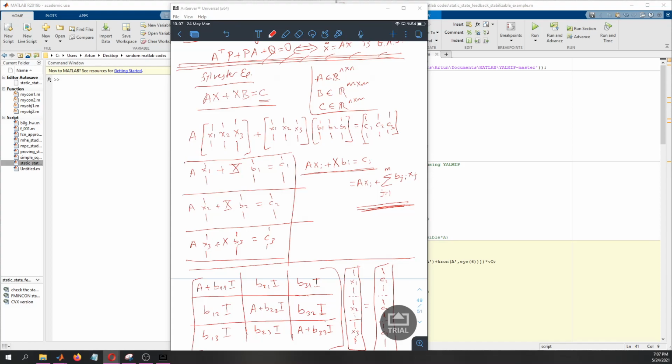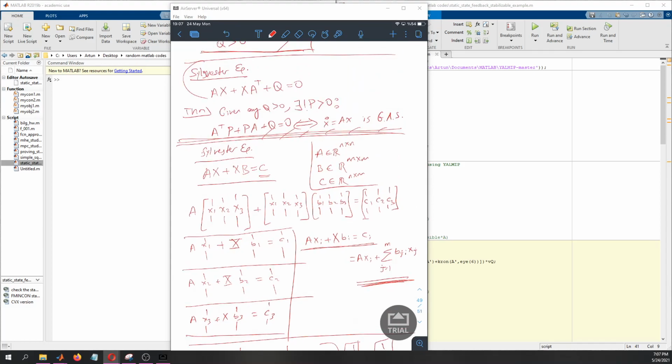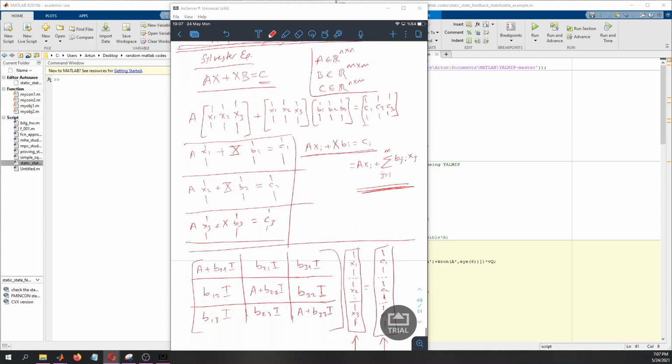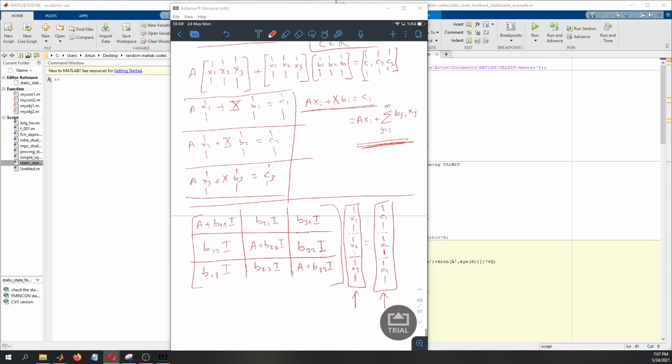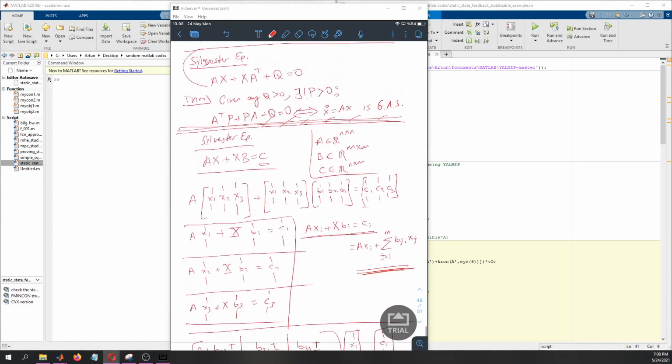Let's remind ourselves of the theorem: for a given positive Q there exists a unique P. So we know Q, we supply this positive Q matrix and solve for the P matrix, then check if P is positive definite, and then we are done proving the stability of the dynamical system. I know I'm iterating over and over, but this is the main source of contention.